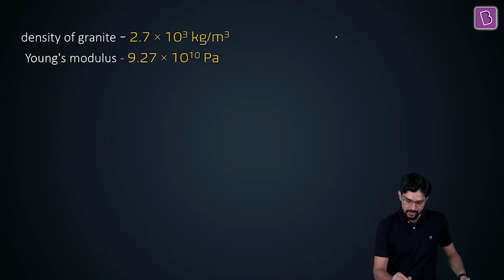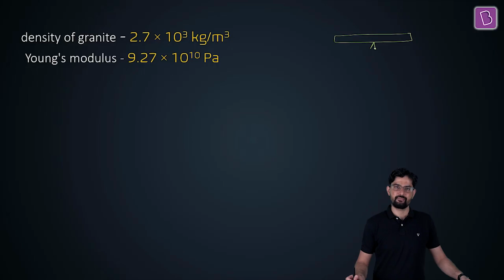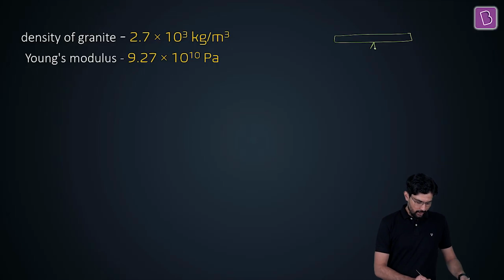So let's assume this is that granite rod, which is clamped at its middle point like that. Now for the fundamental frequency, the vibrations will look like that, right?